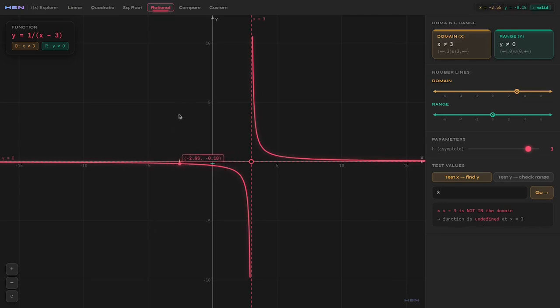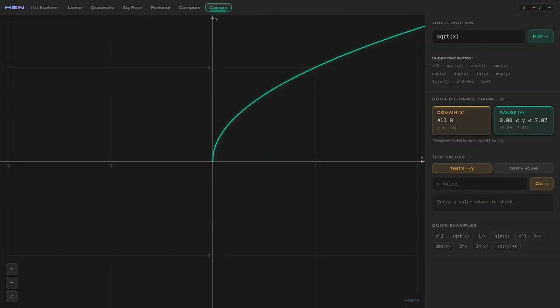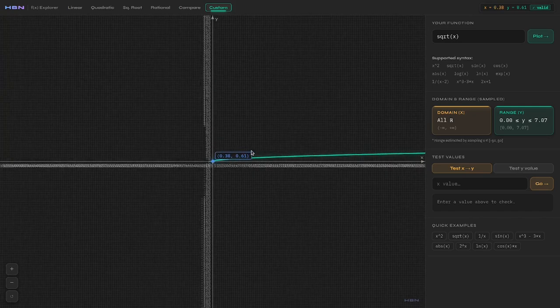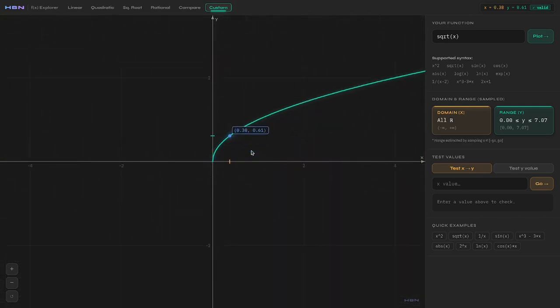Let's look at the last one that will involve a square root. This function you see here is a function of the square root of x. Now, if I zoom out, do you see what happens? For the x values we have, we can find the square root of positive values. As you can see, 4 here gives me 2.